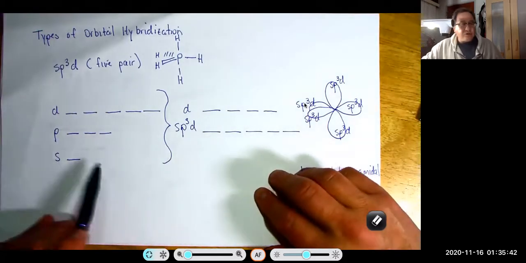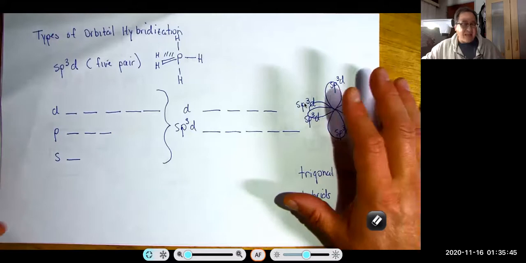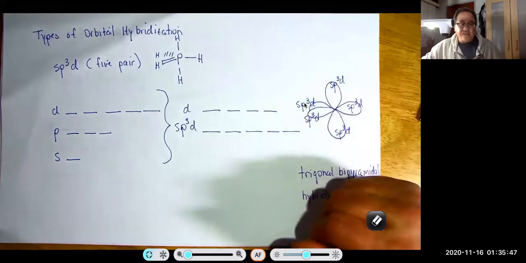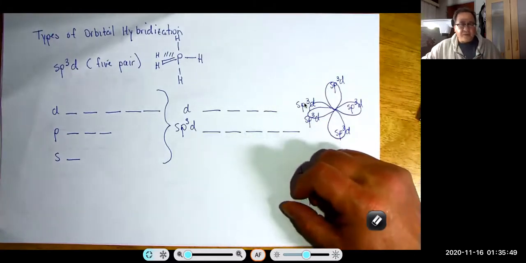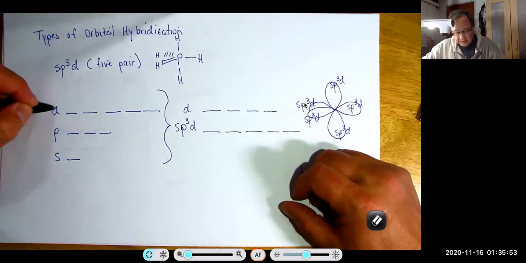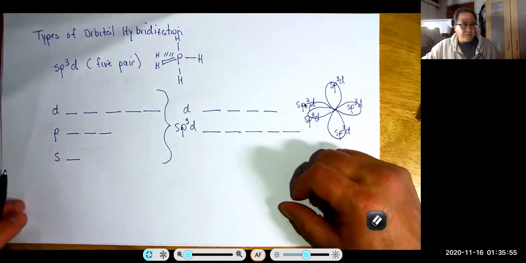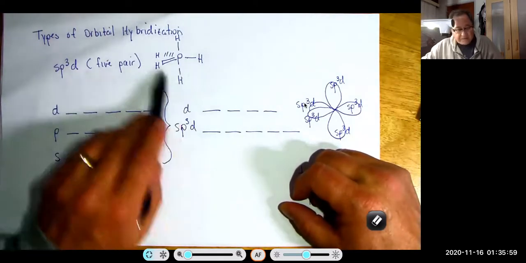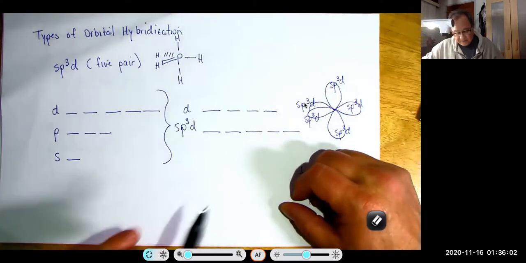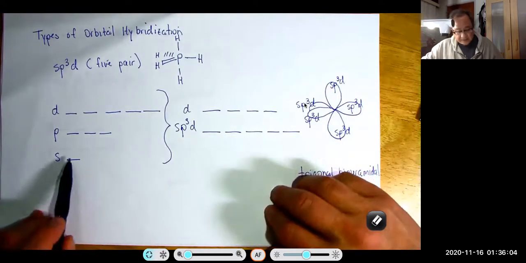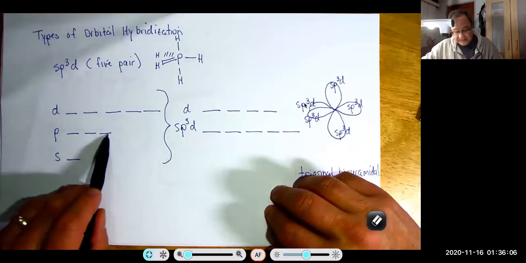And so here, this can only occur in those elements that have electrons in the d block. So we're talking the 3rd period or 4th period or 5th period. So some of those elements might have 5 bonds or might have 6 bonds, or it might, as we say, have 5 pairs. So here's something that has 5 pair. So we hybridize an s, a p, a p, a p, and a d.